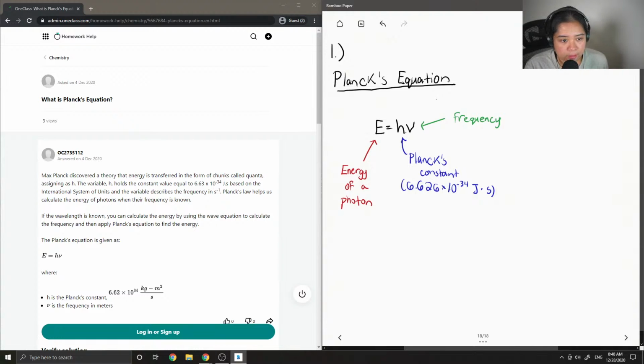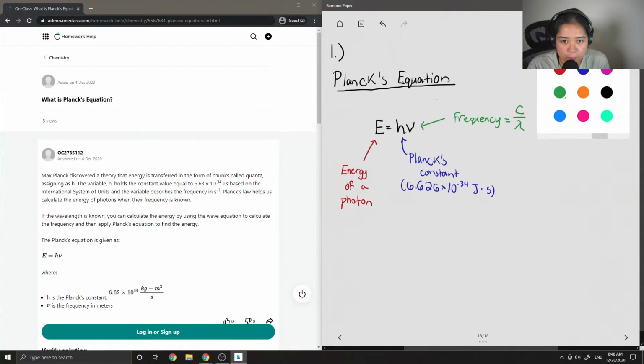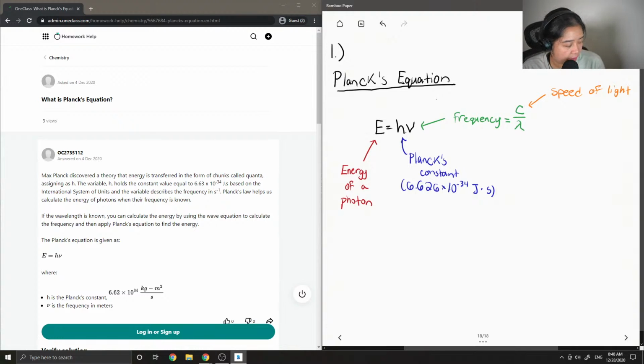Frequency can also be calculated, if it's not given in the question, using the following equation, where frequency is equal to C over lambda. C is the speed of light, and its value is pretty easy to remember.